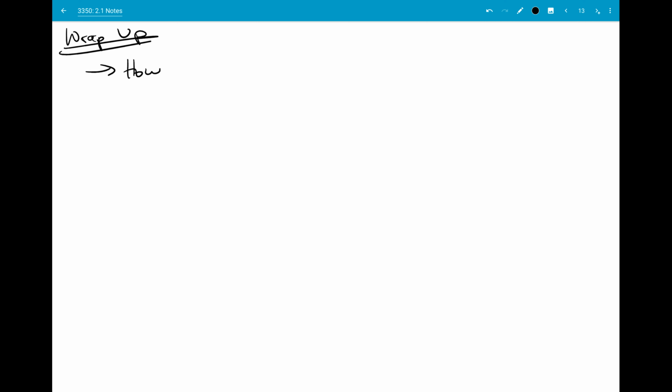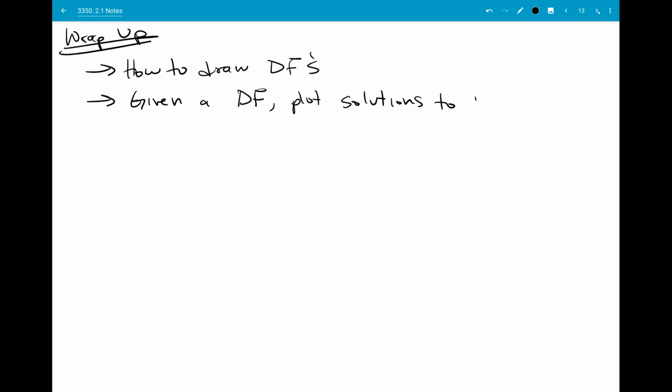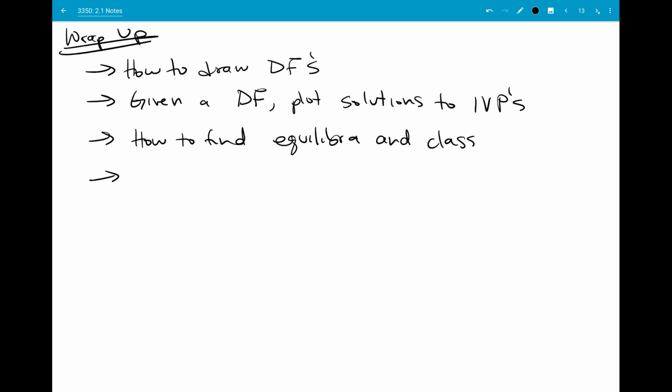And so, to write that in a few lines, what you should have taken away from this lecture is how to draw direction fields. And then given a direction field, whether you drew it or used software for it, they're both valid ways to go about this, you should be able to plot solutions to initial value problems. And then we learned how to find equilibrium values and classify them.